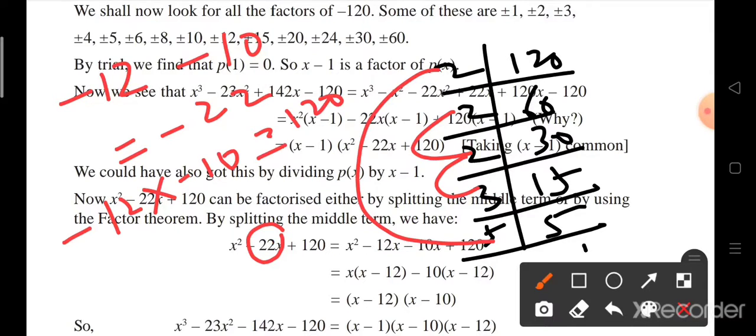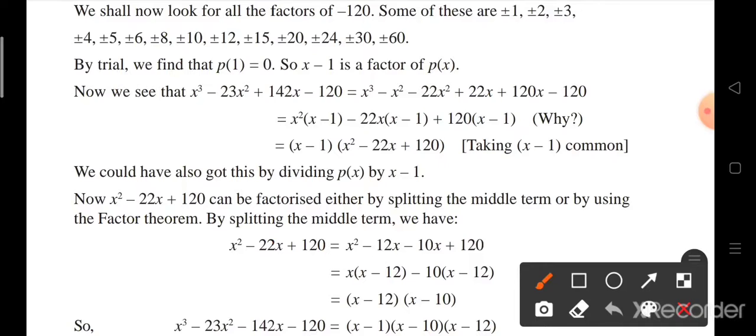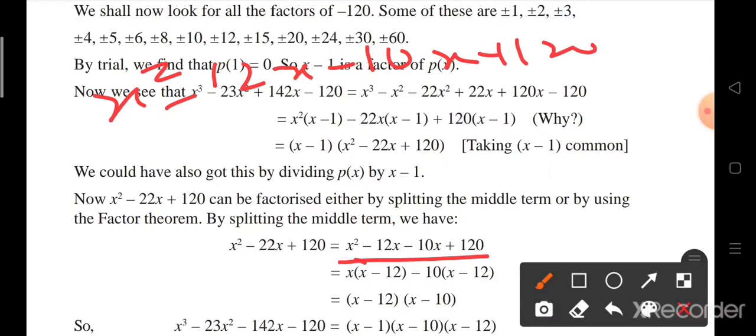So we are able to split it. Now by splitting this middle term we are able to factorize it. Now we can take x common from the first pair. So as soon as we write it, x square minus 12x minus 10x plus 120.